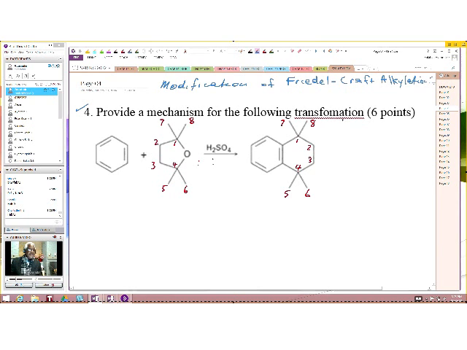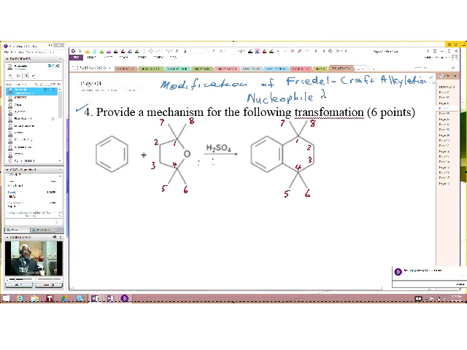Since I've told you this is a modification of Friedel-Crafts alkylation, what kind of nucleophile do you have in Friedel-Crafts alkylation? Can anybody tell me? Anybody has an idea?